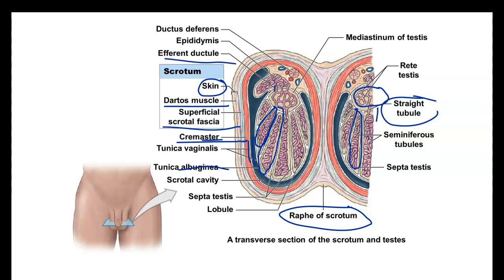So that's over here. And it's going to enter into the epididymis. Once it enters into the epididymis, that's where it is going to mature until it's ready for ejaculation. Once it's ready for ejaculation, it's going to exit through the vas deferens or ductus deferens, which we see right here.